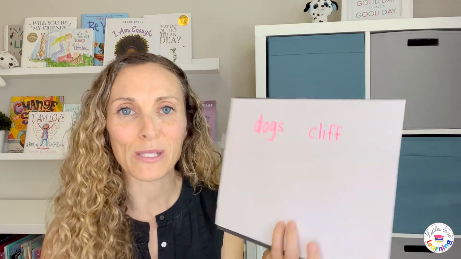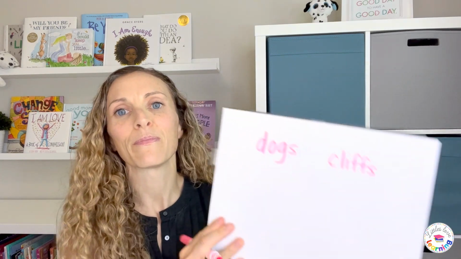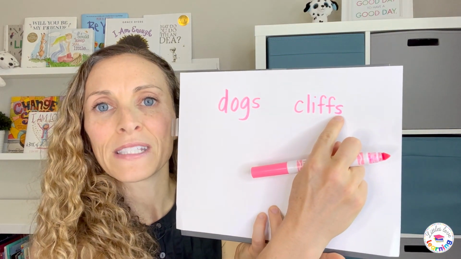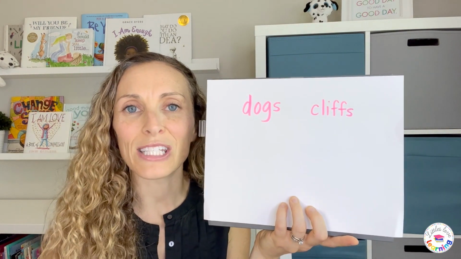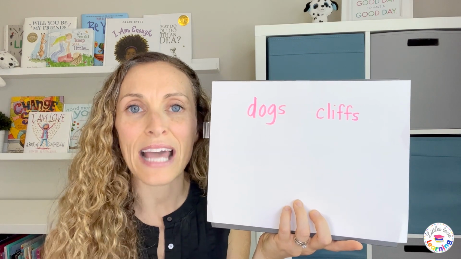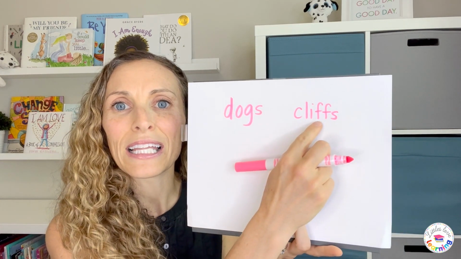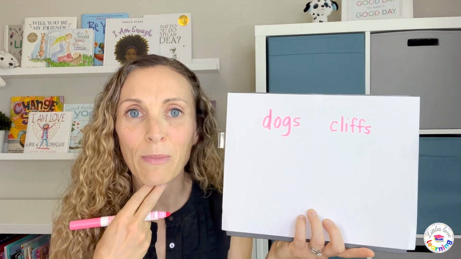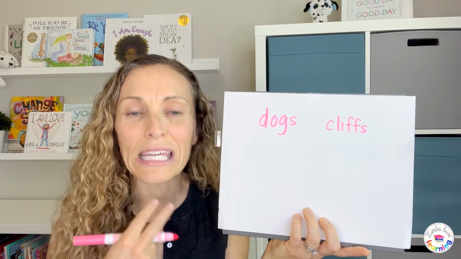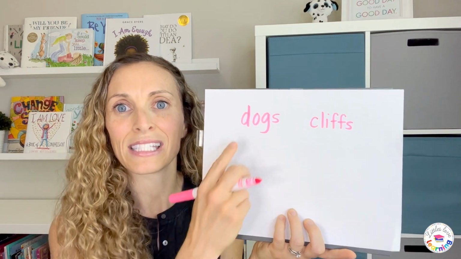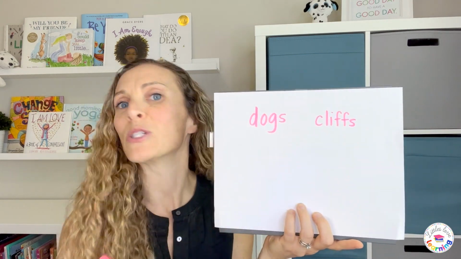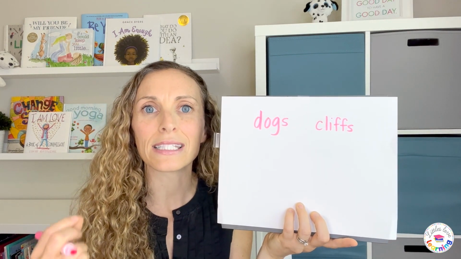I don't have my voice box on, it's off. So when I add the S, cliffs, the S is representing the S sound because that is also a voice box off sound. Cliffs. So because my voice box was off, I keep it off when I add the S. That is the difference between S and Z.